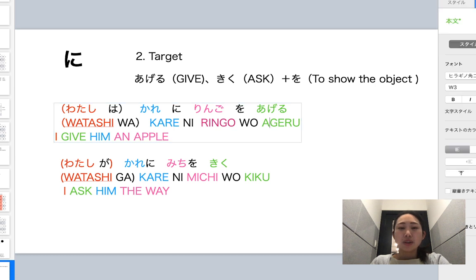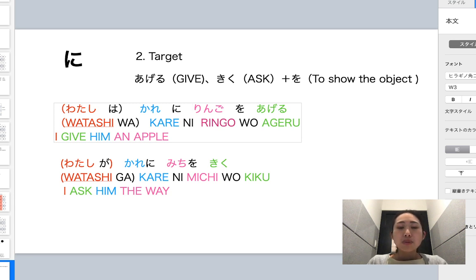So the very important thing is リンゴをあげる, right? So there is some object. And リンゴをあげる alone can be a sentence. Give an apple. リンゴをあげる. So without me, the sentence can be completed. リンゴをあげる, it's fine.